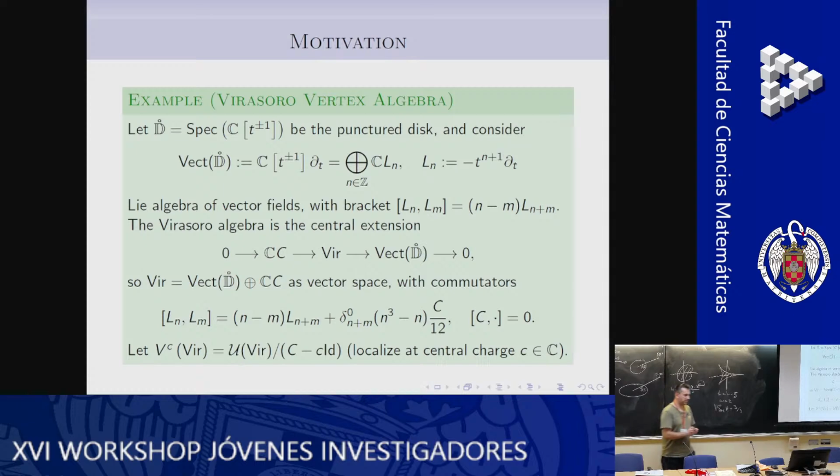Y lo que hacemos normalmente es coger el álgebra envolvente universal, que es el álgebra asociativa y unitaria, vamos a decir, más general, que contiene todas las representaciones, en este caso del álgebra de Virasoro, y vamos a coger el cociente por este ideal para obtener la carga central, que es algo así como localizar.